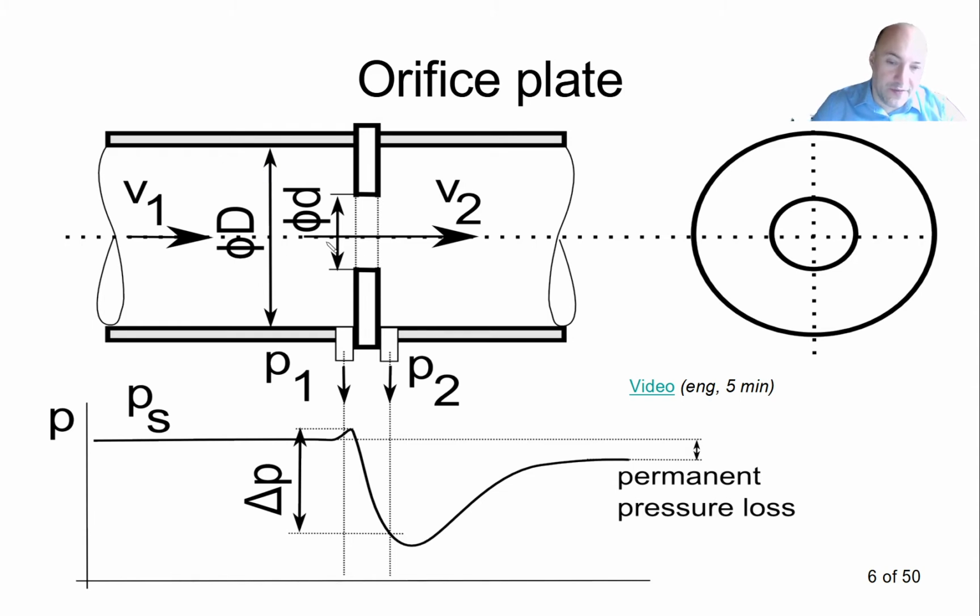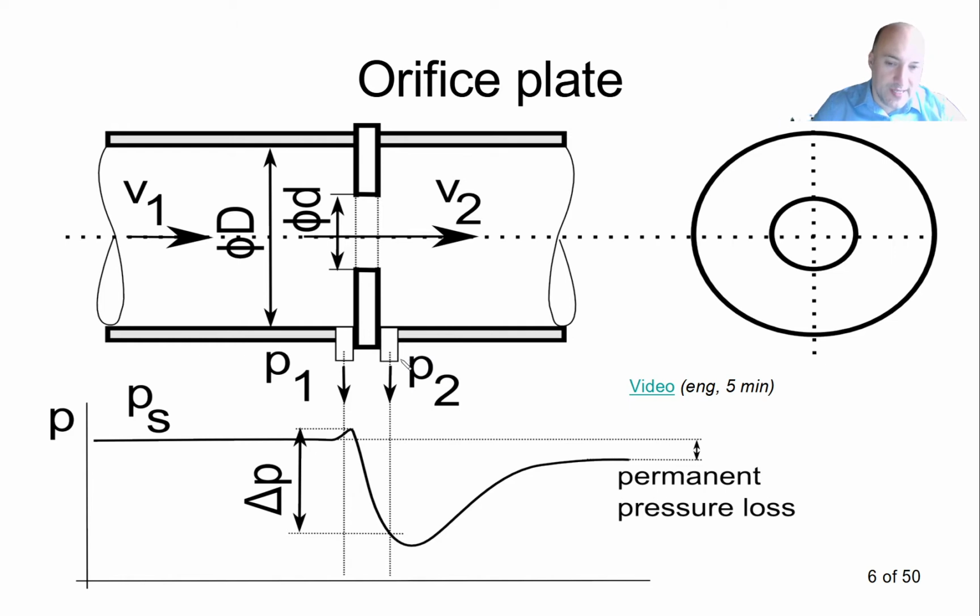And if I have to maintain the mass in the liquid, then the same amount needs to flow also through this smaller opening, and therefore it needs to be flowing faster. So the speed V2 that we have in this small diameter d will be larger, and therefore there will be a pressure drop to P2.